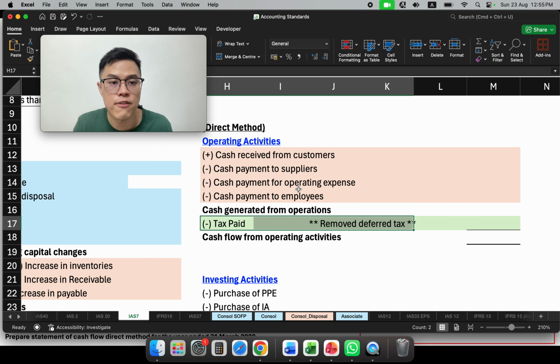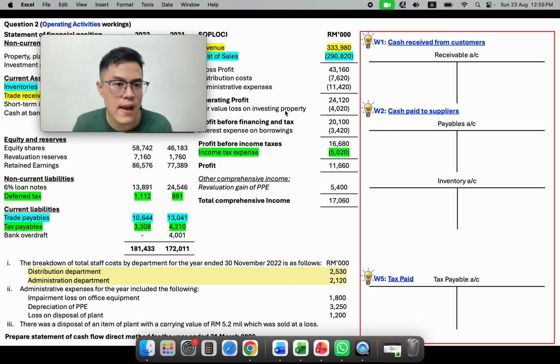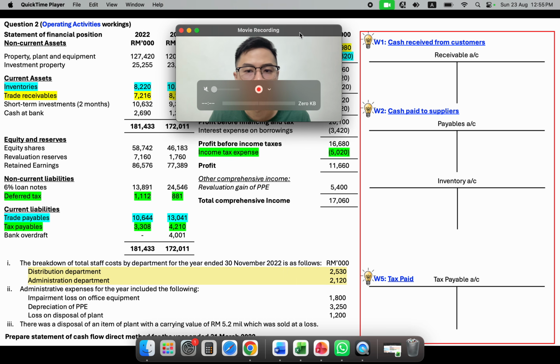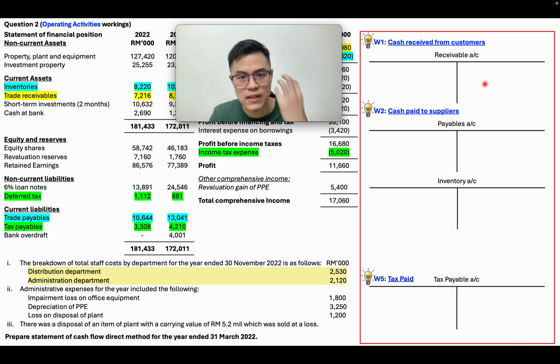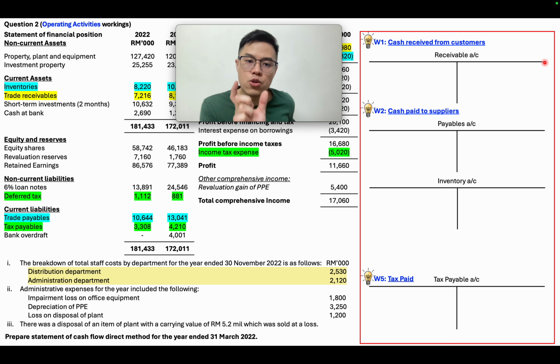So we will need to go and find it out with all this figure, something that we learn in FA, a little bit fundamental knowledge skill you need to have in here, through using receivable account. So like your control account of receivable, we will use this account to find how much is the cash we receive from our customer.